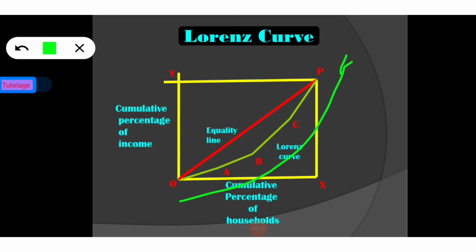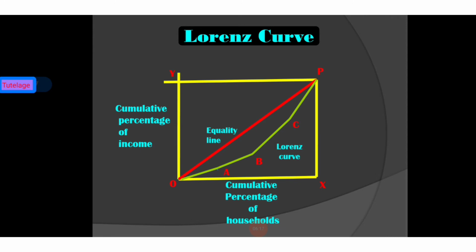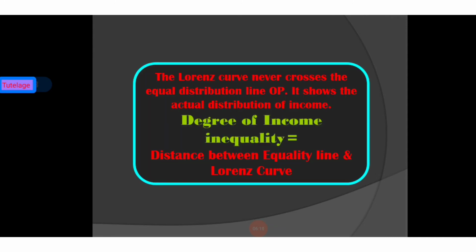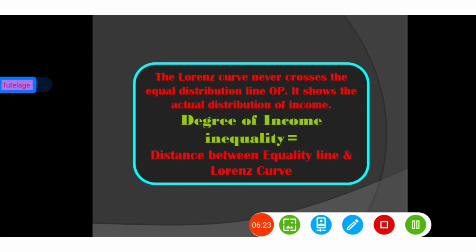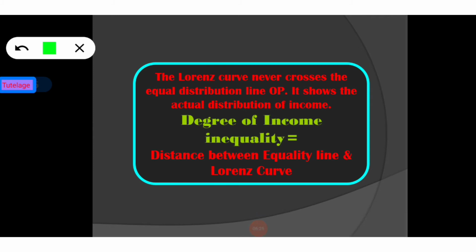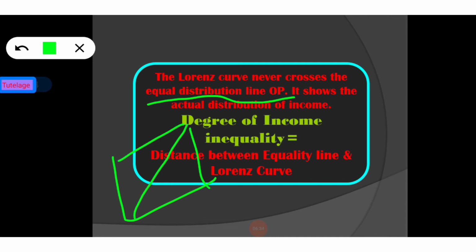So now move on to the next topic. Here we can see the Lorenz curve never crosses the equal distribution line OP. We have already seen this is a diagonal line and this is the Lorenz curve, but the Lorenz curve never touches the equal distribution line or equality line, that is OP.